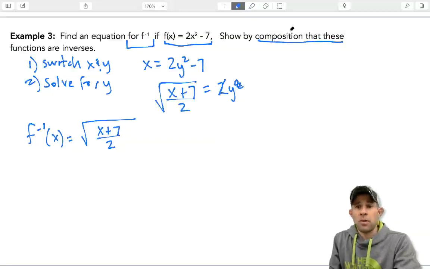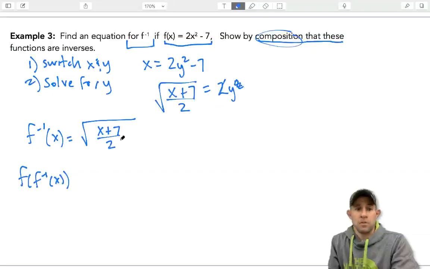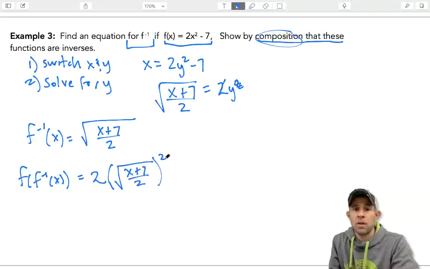Now we're going to show by composition that these functions are inverses of each other. So let's calculate f of f inverse of x. So we'll take our f inverse here and we're going to substitute it into our function f of x. So that's 2 times, in parentheses, the square root of x plus 7 all over 2, squared, and then subtract 7.